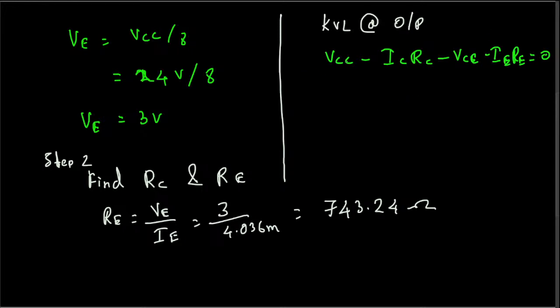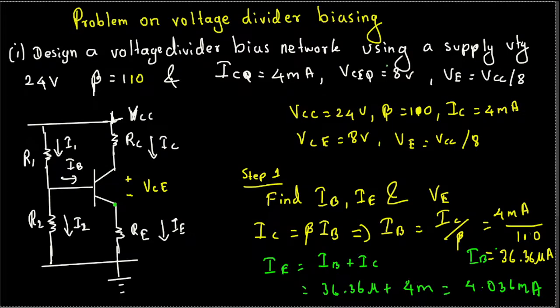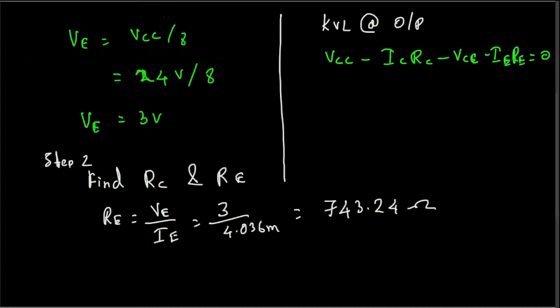So here VCC is known, ICRC we are trying to find RC, IC is known, and VCE is provided in the question, 8 volts, and IERE is nothing but VE. So instead of IERE, we can just write VE as well. That makes things simpler. So minus VE is equal to 0.